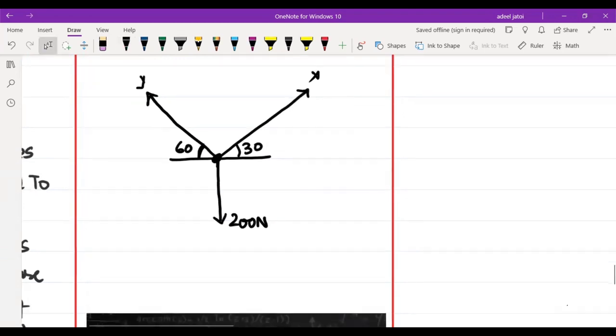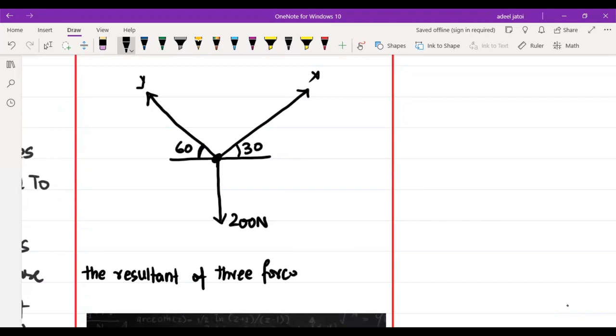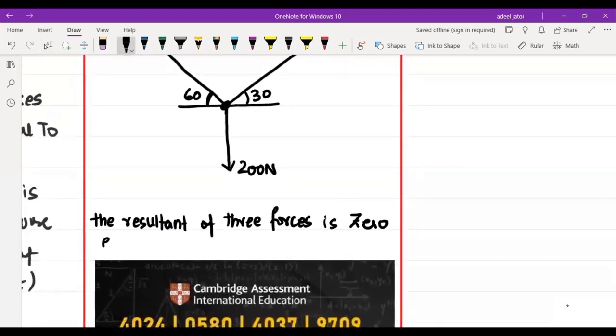And the question says that the resultant of the three forces is 0, which means equilibrium.